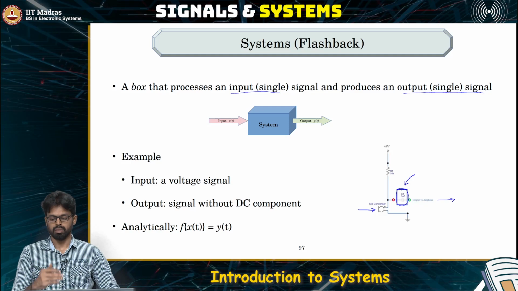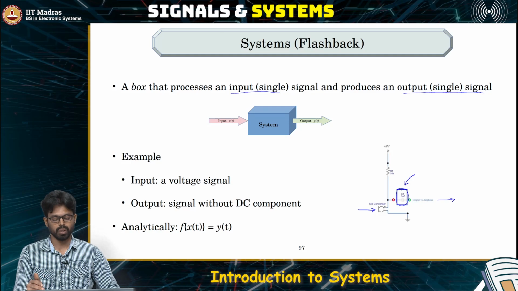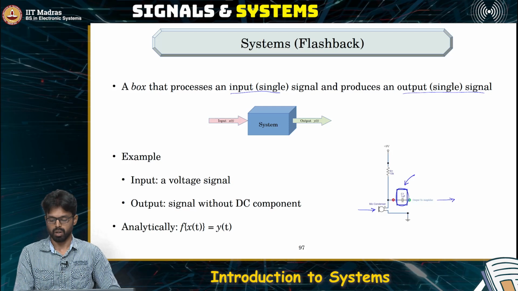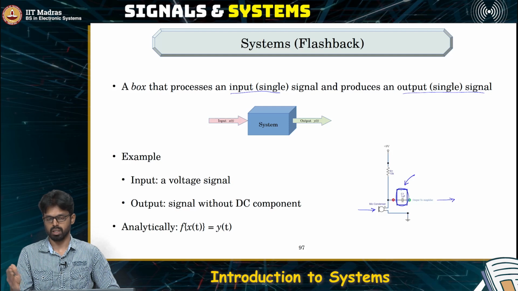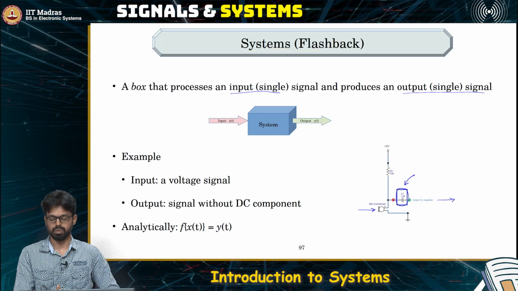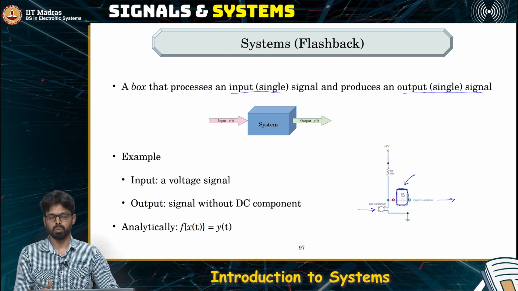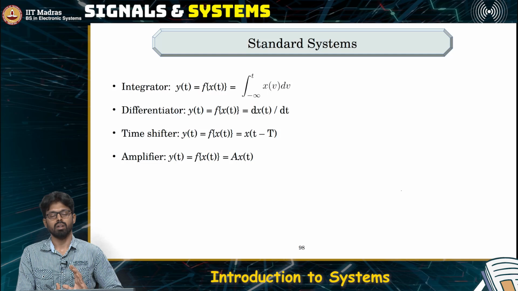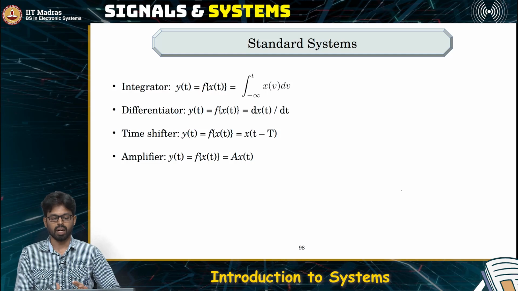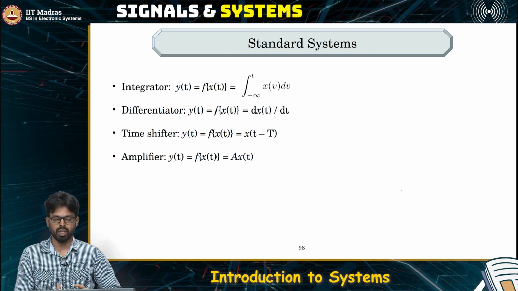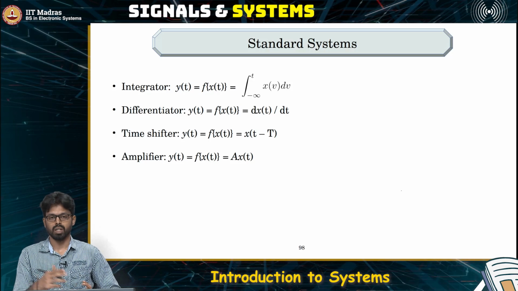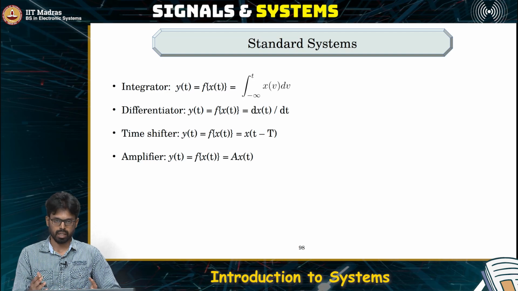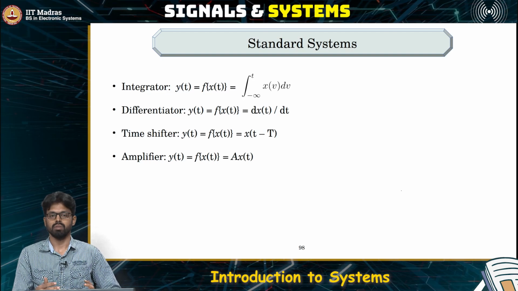If you think about it, what exactly the system is doing is some kind of differentiation that we already saw. If the voltage is fed to a capacitor, then the output current is nothing but the derivative of the voltage. So the output here is basically some kind of derivative of the input. In electronic circuits, the standard systems that we would often encounter are some form of combination of the integrator, differentiator, and the time shifter or the amplifier.